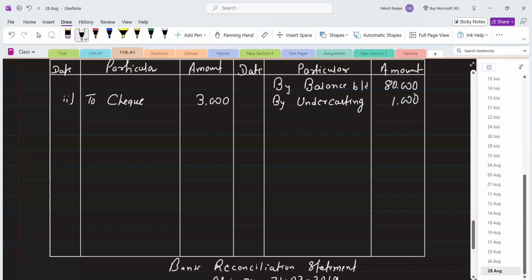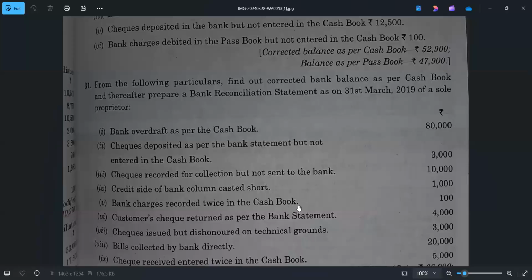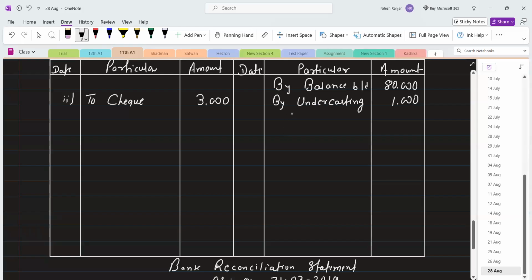Next is bank charge recorded twice in the cash book. So bank charge is recorded on the credit side. If it is recorded twice, it is a wrong entry.